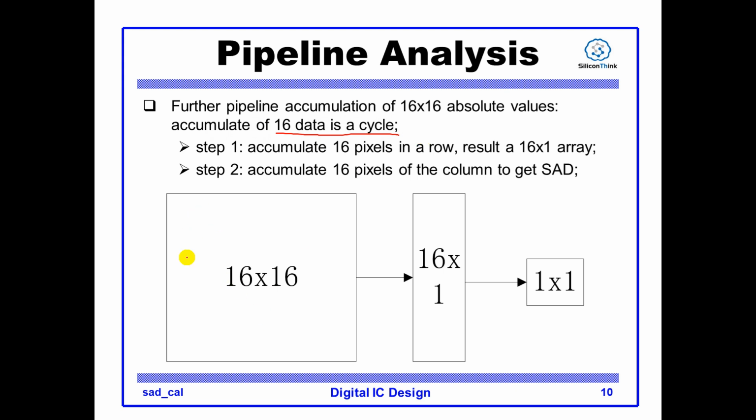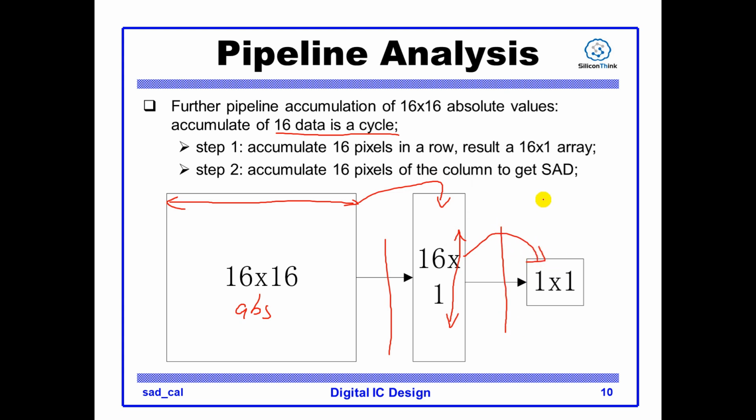That is, you have an array of 16 by 16. Then we first accumulate the 16 data in a row. Then we will make an array of 16 by 1. This is the first stage. This is the abs value. Then in the second step, we accumulate the 16 values of the column. Then we get the final result of SAD.